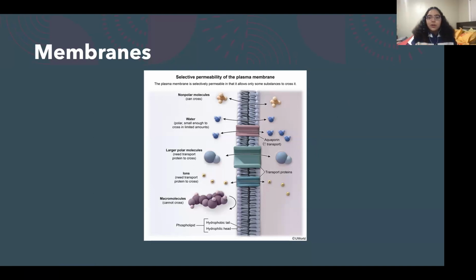There's also aquaporins, back to water, that can help increase the transport of water if you need. So in limited amounts, it can transport passively, but there are also other ways. Ions will need a transport protein because they're charged. Then macromolecules cannot cross. And you also want to know the phospholipid structure with the tail and the head.